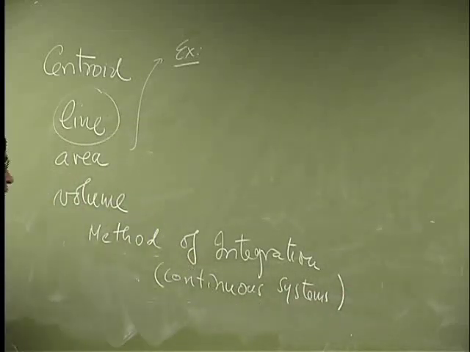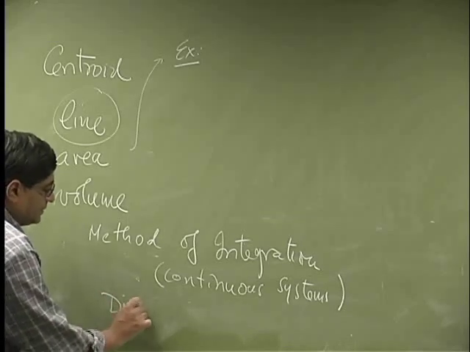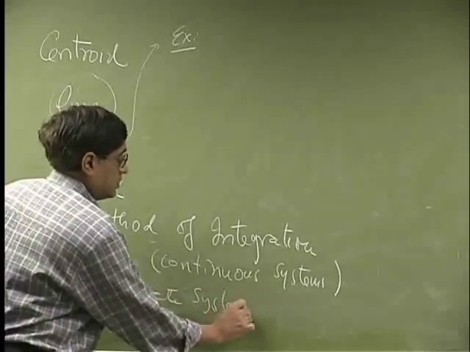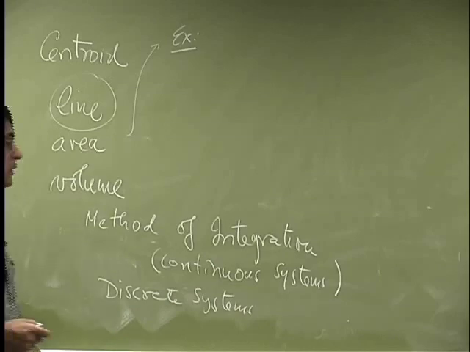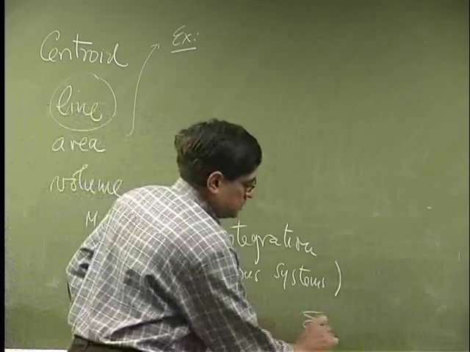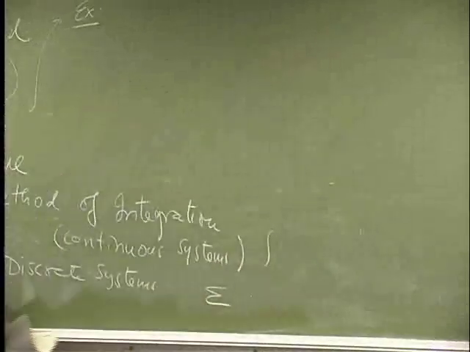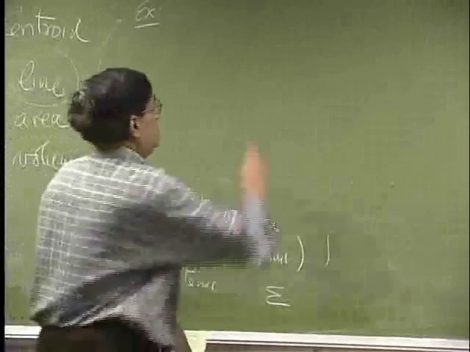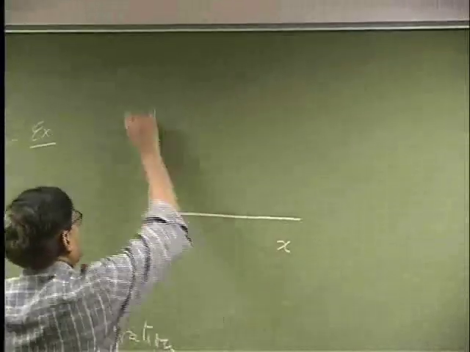And then we're going to also look at what we call discrete systems, where you use the formulas with the summation sign, and these ones are all with the integration.